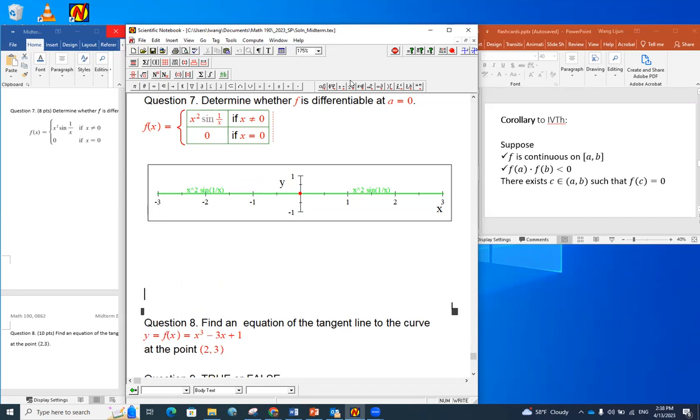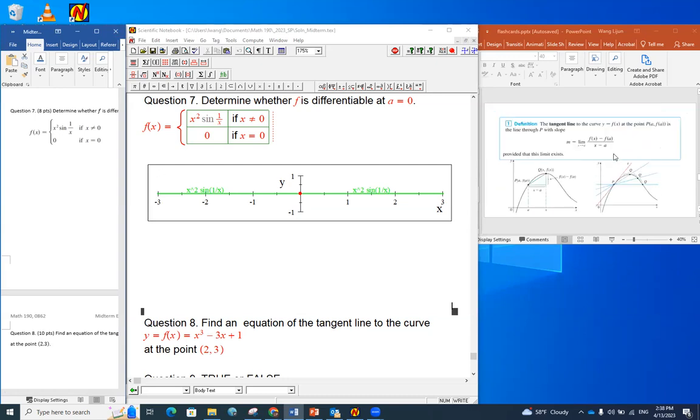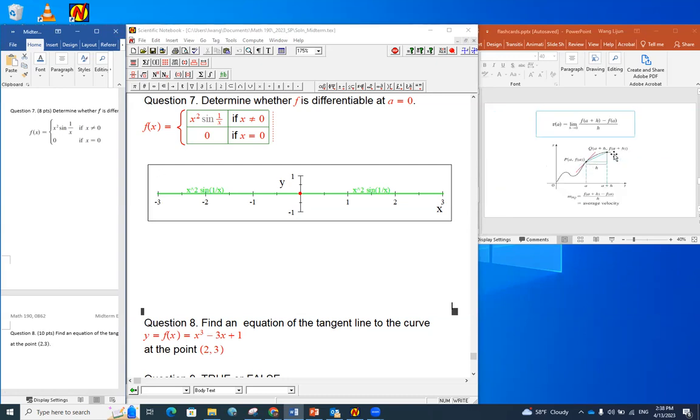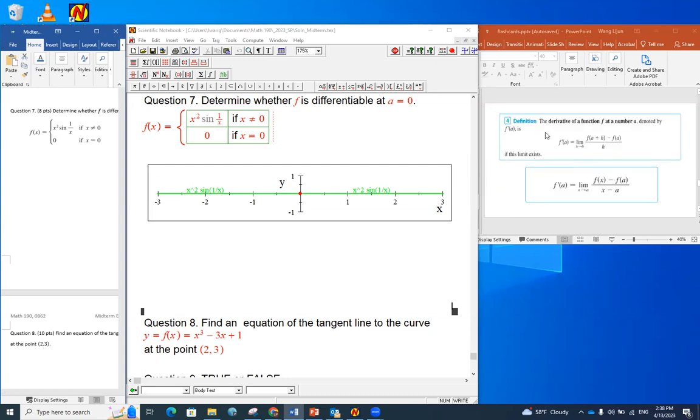By definition, right? So what's the definition of differentiability? Right here. The derivative of a function at the number a, denoted by this, is the limit, if the limit exists.